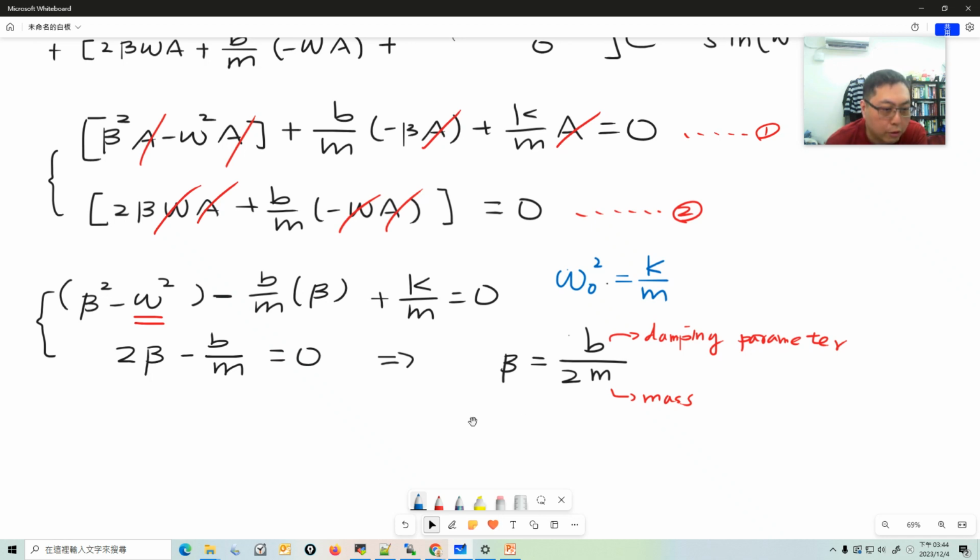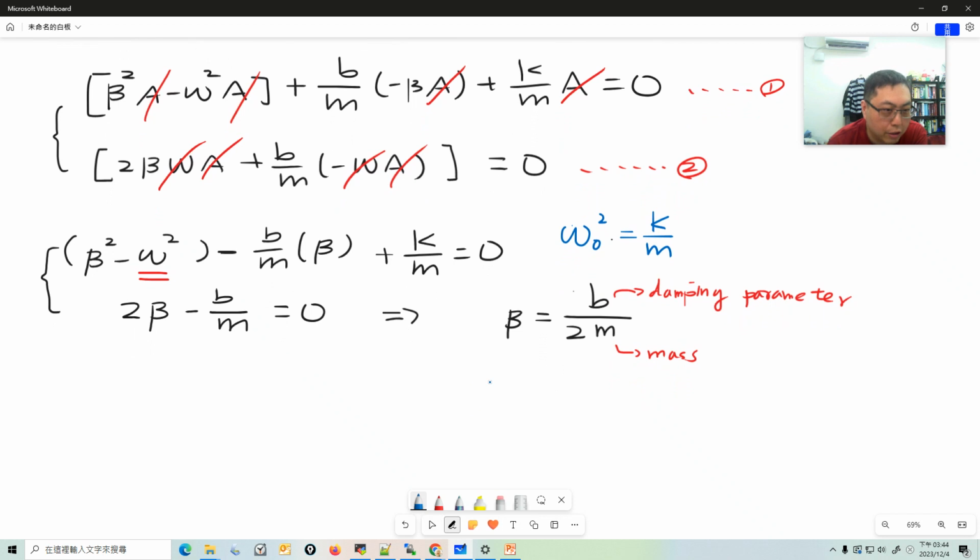So let's write down this term and solve it. This equation is more difficult to solve. But we already solved the beta, so maybe it's not that difficult.